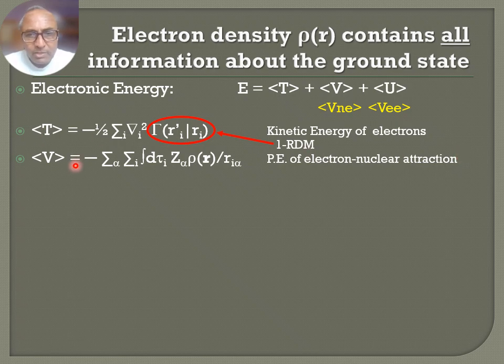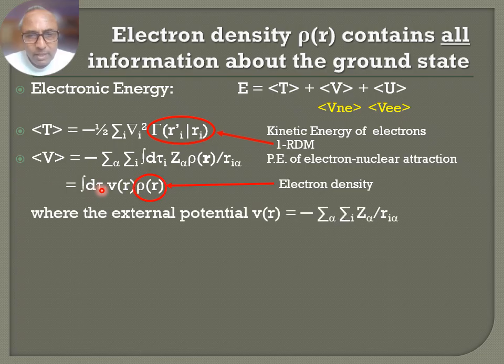Capital V, the potential energy of electron nuclear attraction, is given by minus sigma alpha sigma i integral d tau i Z alpha rho of R by R i alpha, which can also be written as integral d tau v of R rho of R, where rho of R is the electron density and v of R, small v of R, is known as the external potential, and for a molecular system that is just given by this formula.